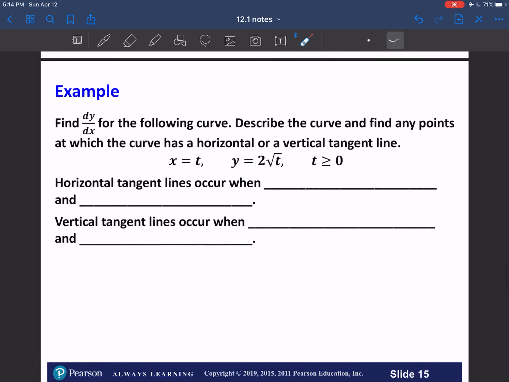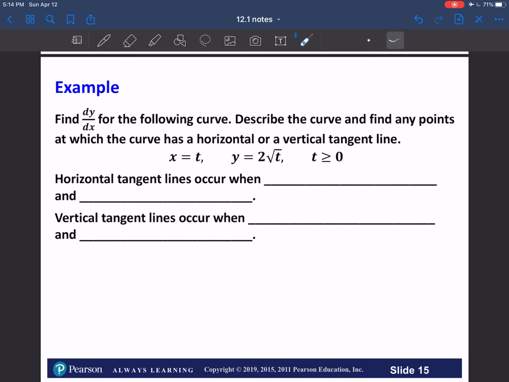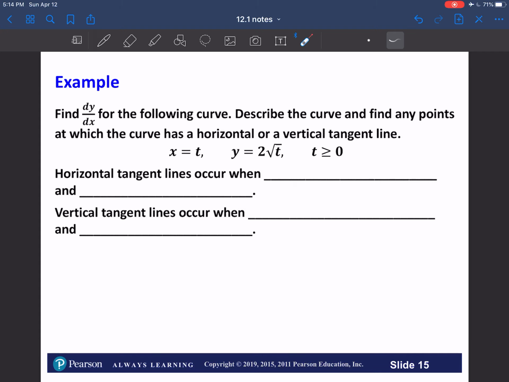So let's examine this. First, let's start by considering the parametric equations given by x equals t and y equals 2 root t for t non-negative. We're going to describe the curve and find any points at which the curve has a horizontal or a vertical tangent line.